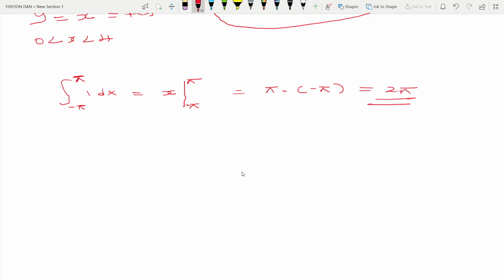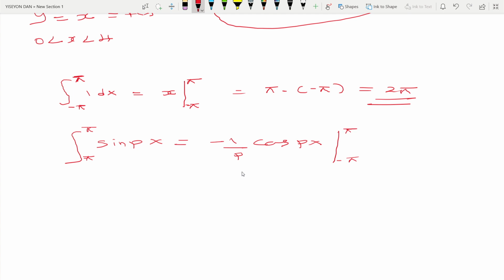The second question: we have the integral from minus pi to pi of sine px dx. To solve this, you integrate sine px, and you have minus 1 over p cos px, from minus pi to pi.